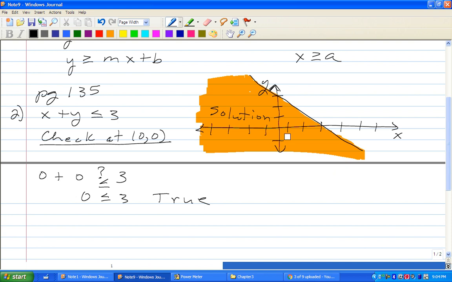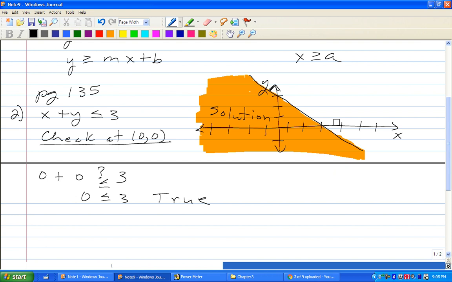Therefore, all other points on the same side of the line will also be true. Similarly, if I pick some point and it was false, then every point on that side of the boundary line would also be false. And so that's one way of graphing.